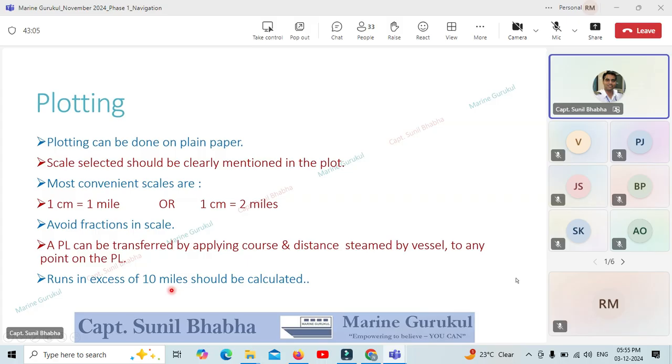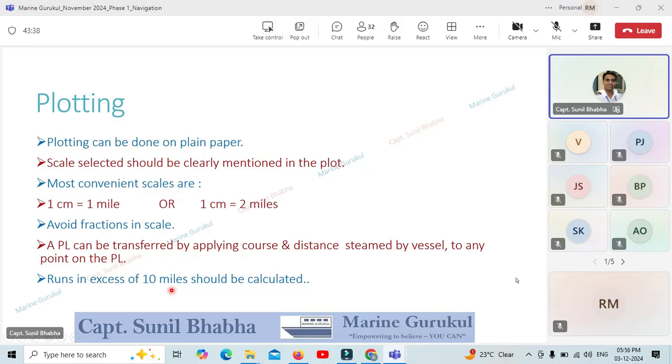The reason is that if the distance is more than 10 miles, to show it on your answer sheet you will have to select a large ratioed scale, maybe 1:5 or 1:10 or so. As the scale becomes bigger and bigger, the errors in the plot get enhanced. If you have a scale of 1:10, then 1 centimeter is converted into 10 nautical miles.